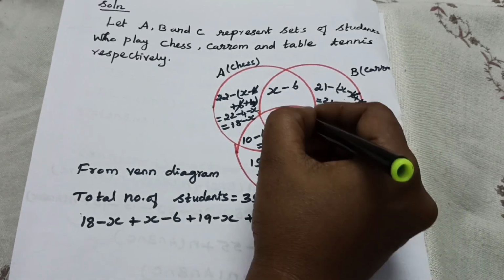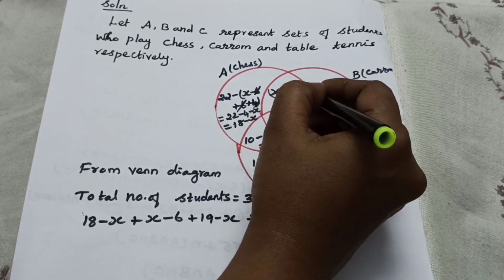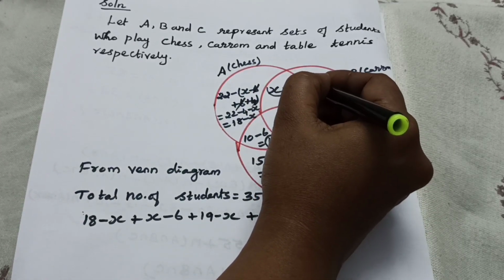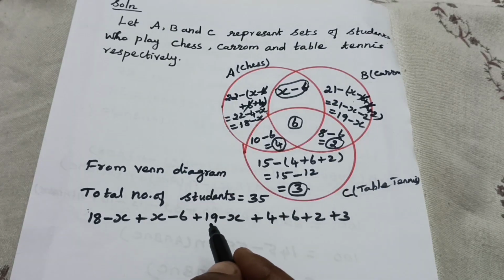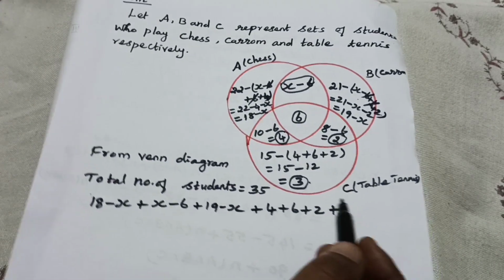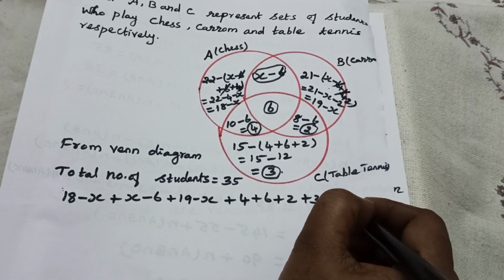Everything we have to write. Have you understood? Then equal to 35.